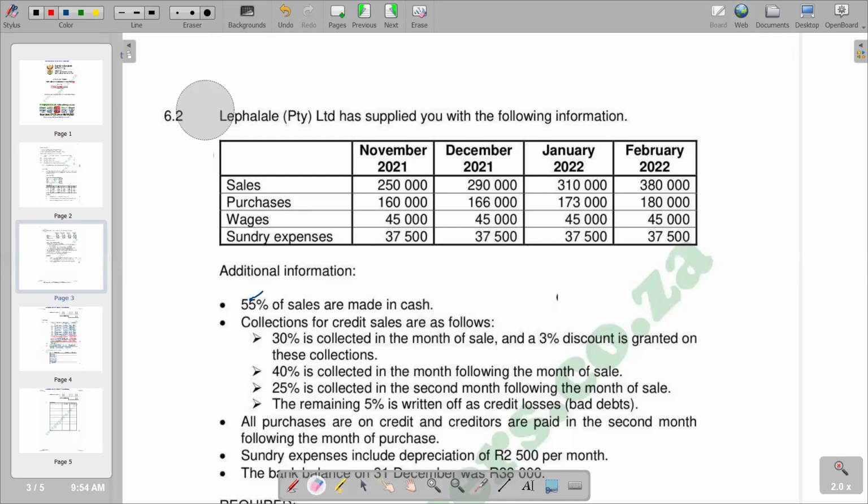So we calculate credit sales for November by saying 0.45 times 250,000. 0.45, which is 45%, times 250,000 gives our credit sales for November. If we calculate it like that, the figure is 112,500, which is going to come here.